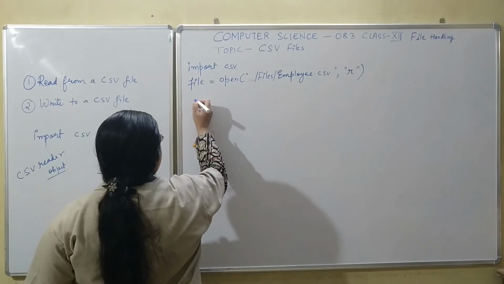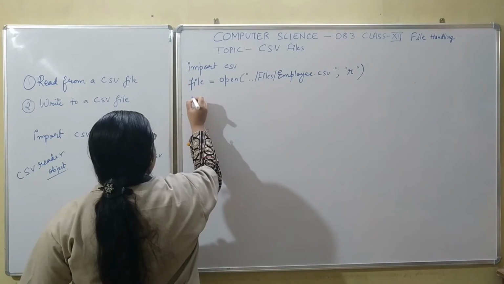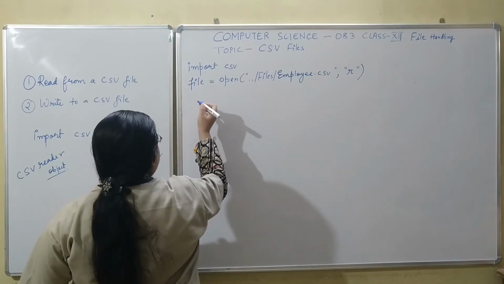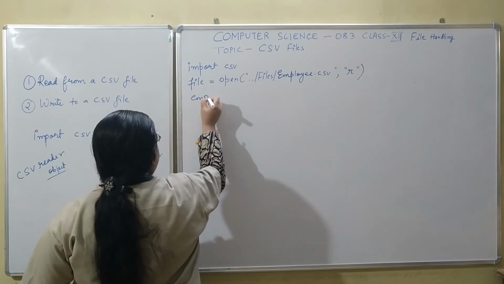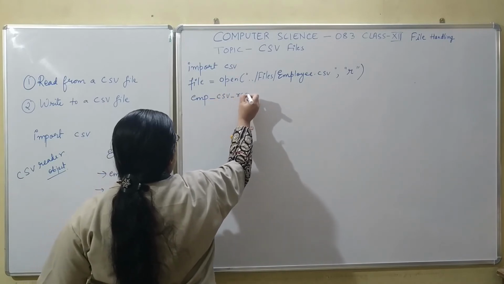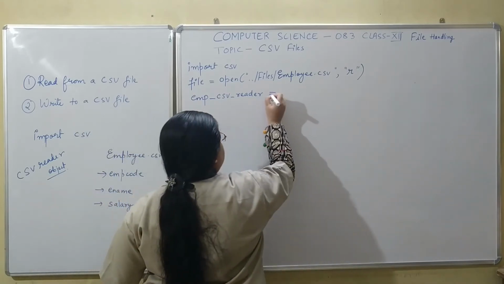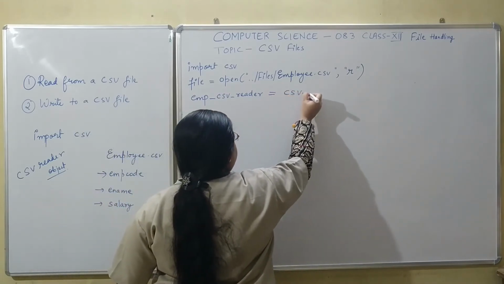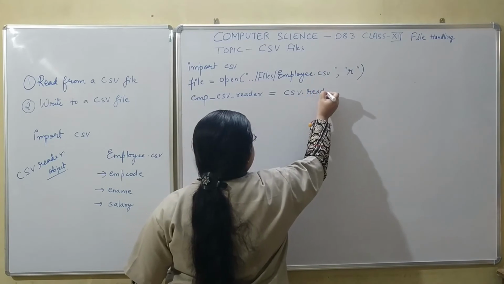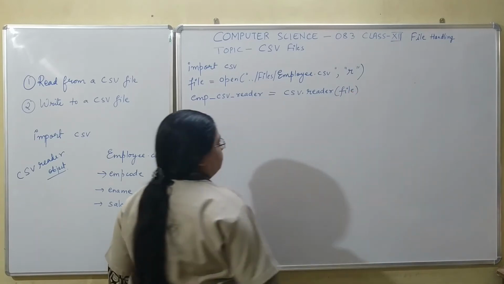So after doing this, we are going to create a CSV reader. I am naming it emp_csv_reader_object, equal to csv.reader, and within brackets the file object.